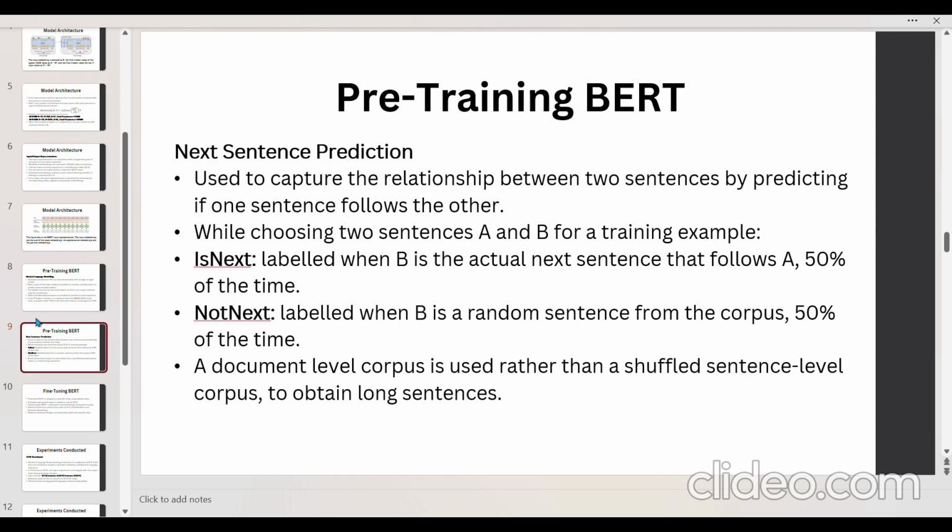The other 50% of the time, it is a random sentence from the corpus, labeled as not next. To obtain long sentences, a document-level corpus is used rather than a shuffled sentence corpus.